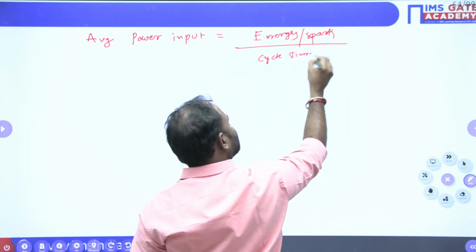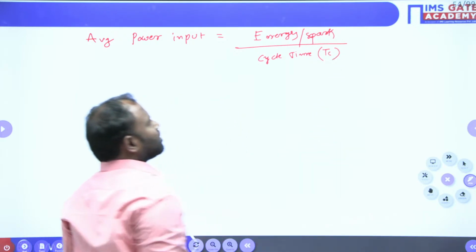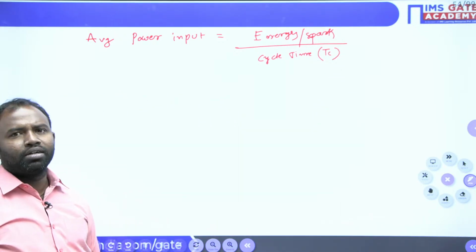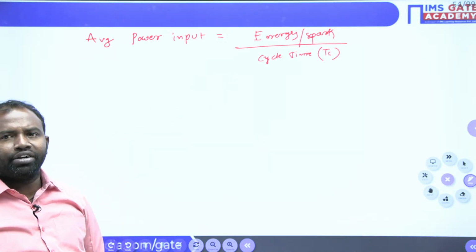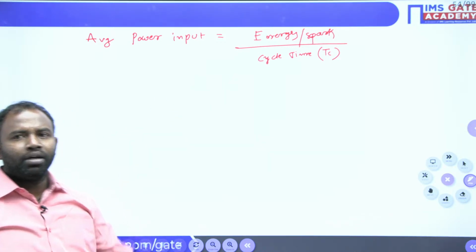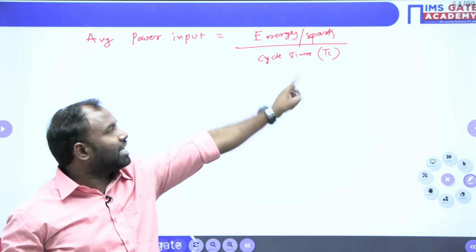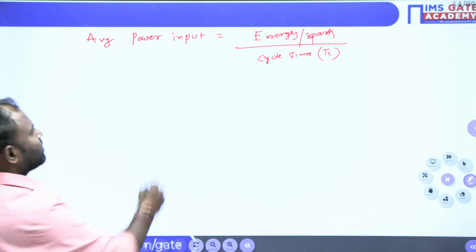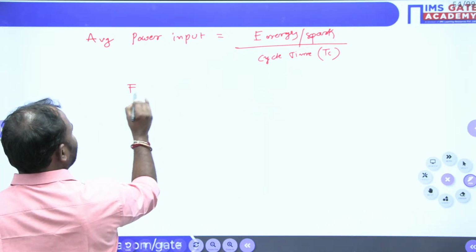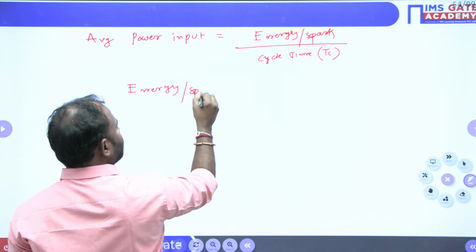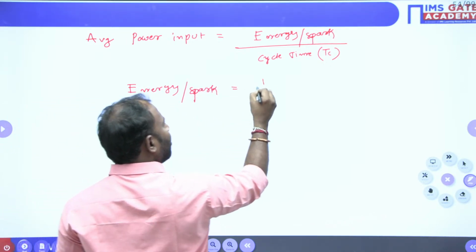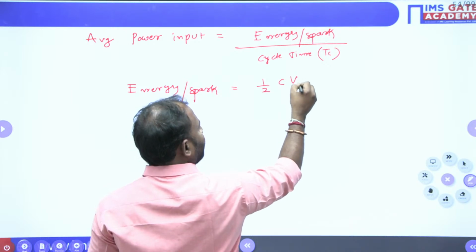Cycle time, that is equal to TC. Average energy per spark divided by cycle time, so that you are going to get it, thank you, Shantakumar. Now you are going to get the cycle time TC. Now let us decide the energy per spark. Energy per spark is equal to half C VD square.